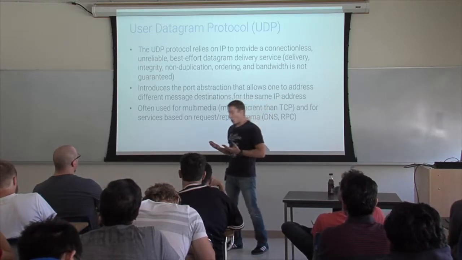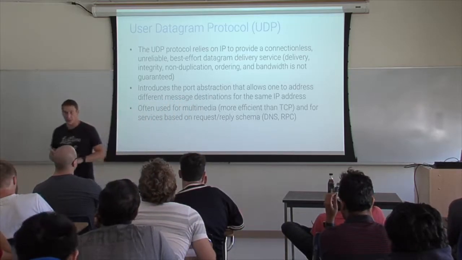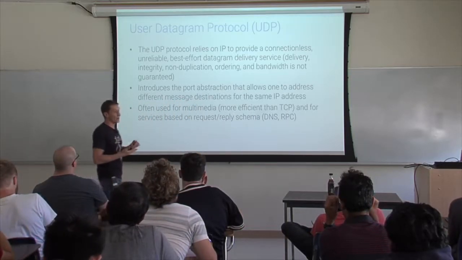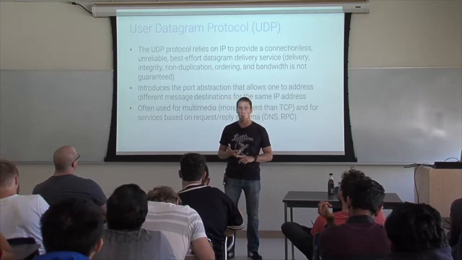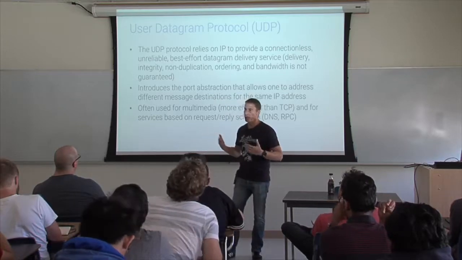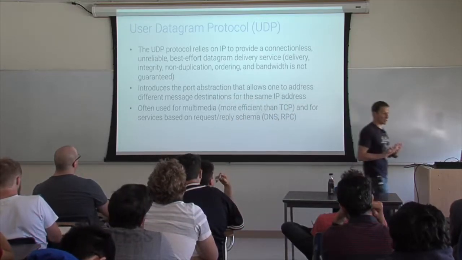So it has all the properties of IP. It's unreliable, connectionless, without guarantee of delivery, order, or duplication. So anything can happen. Everything that can happen to an IP packet can happen to a UDP piece of data.